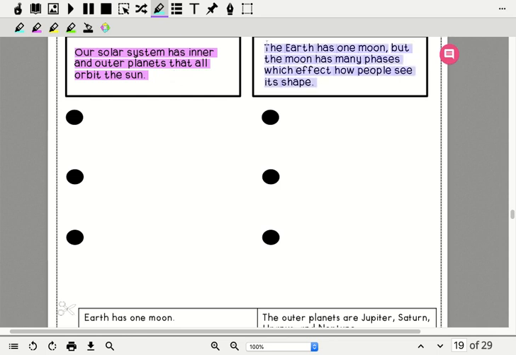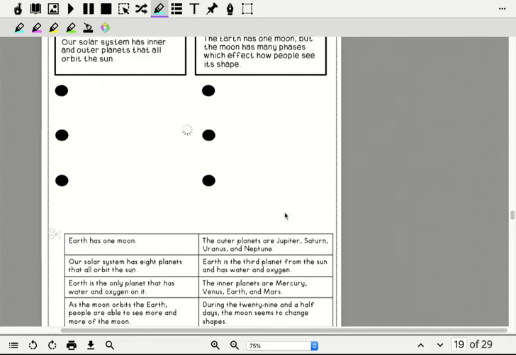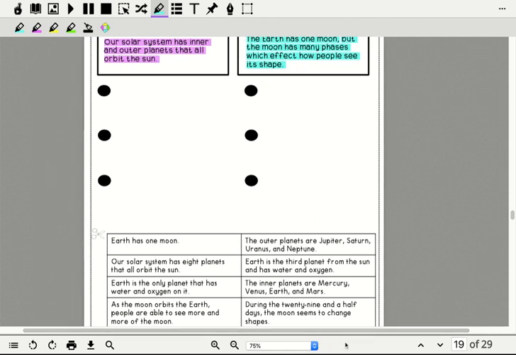Now over here it says, the Earth has one moon, but the moon has many phases, which affect how people see its shape. So let's see how we can help that. I'm going to make this a little bit more so we can see more of it on the page. So this first one says, Earth has one moon.